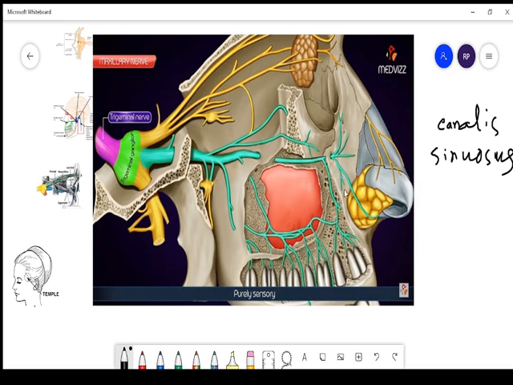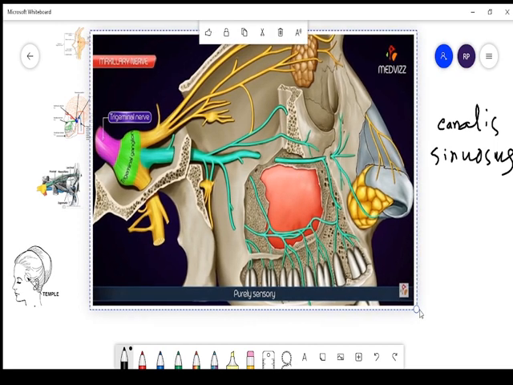And downwards, this nerve is known as superior labial branch. It supplies the skin and mucous membrane of upper lip. So, the maxillary division is completed.